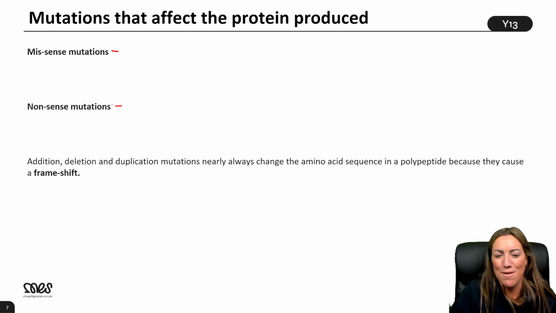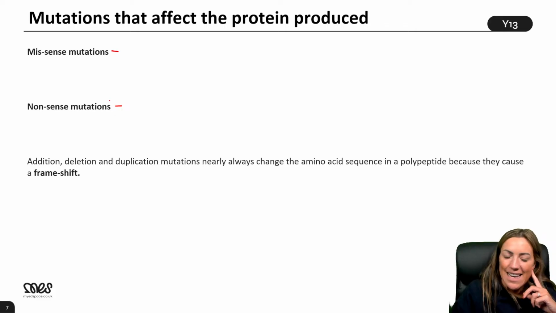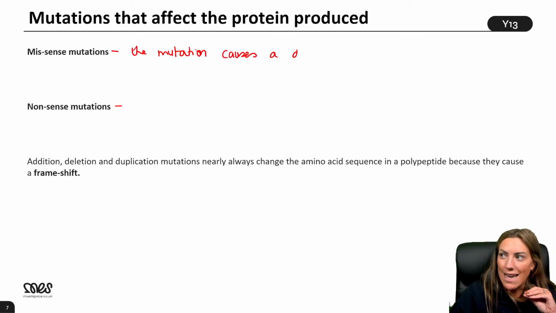Nonsense, like it has no effect? Not quite. A silent mutation is one that has no effect. Missense is when the mutation causes a different amino acid to be coded for.